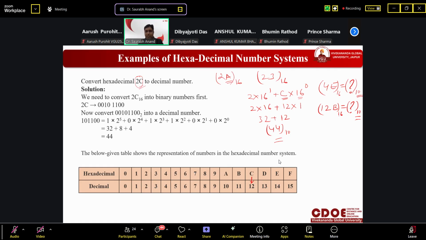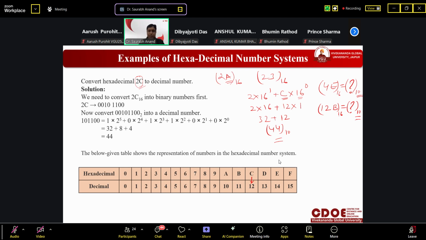In all the cases it is same, but in case of hexadecimal the range is splitted. Why? Because the range is from 0 to 15. So if we go beyond 9, we have two digit numbers, that is 10, 11, 12. All these two digit numbers will be represented by A to F. That means 10 to 15 will be represented by A to F alphabets.